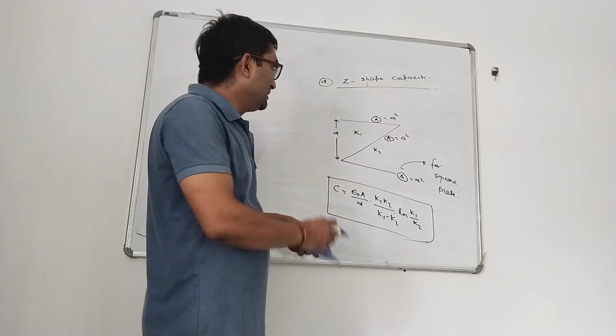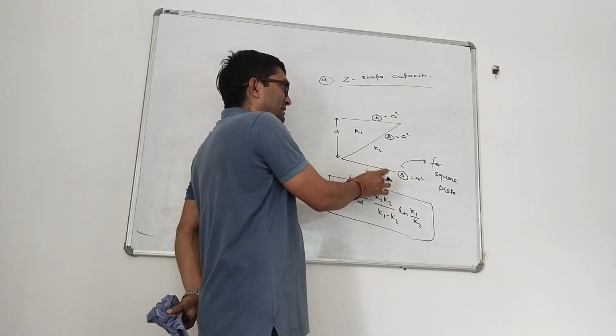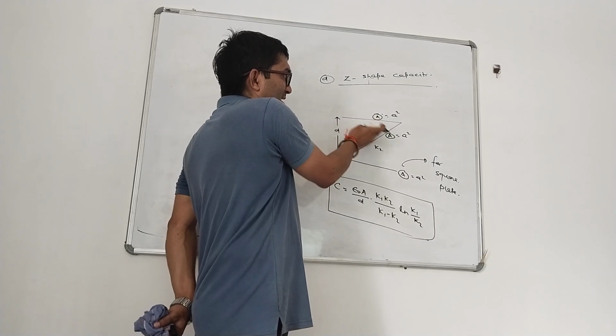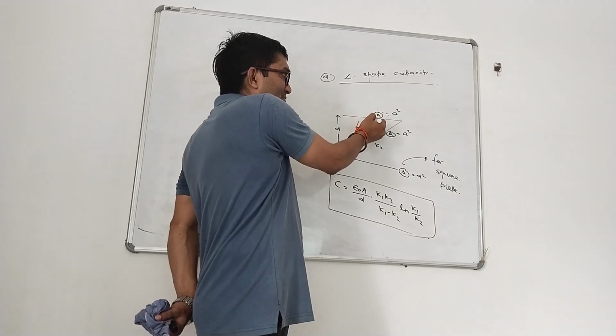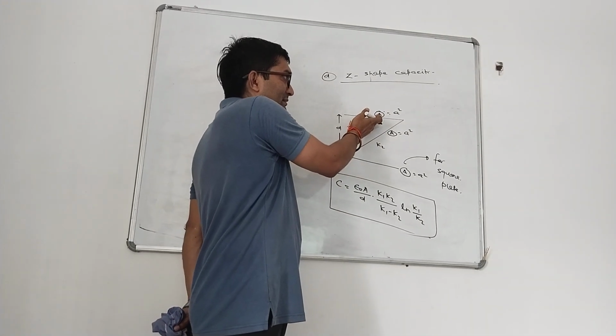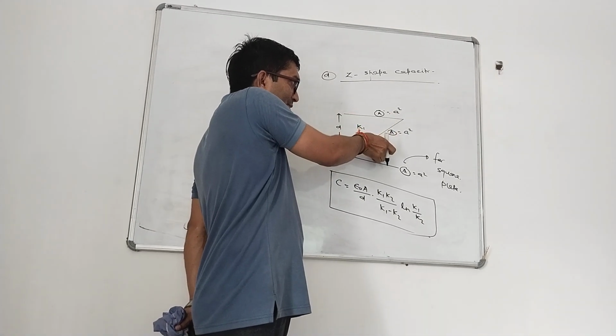How will I use it? I consider an elementary part, and both parts form two capacitors which are in series. That's why, suppose their capacity is a small capacity dC for this part.